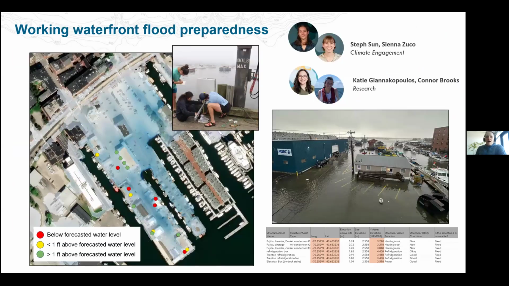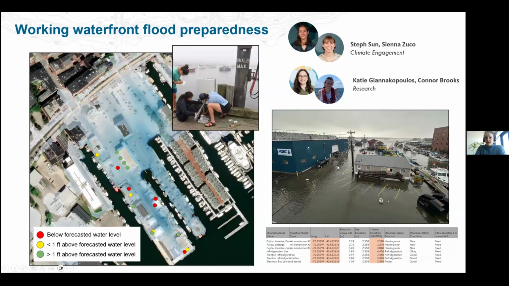So the real power in having this kind of information, the combined flood forecast plus information on local impacts, is that you can really prepare well for these sorts of events. As an example, this is the same place, Union Wharf in Portland, where I showed the picture before of all the different things floating around.